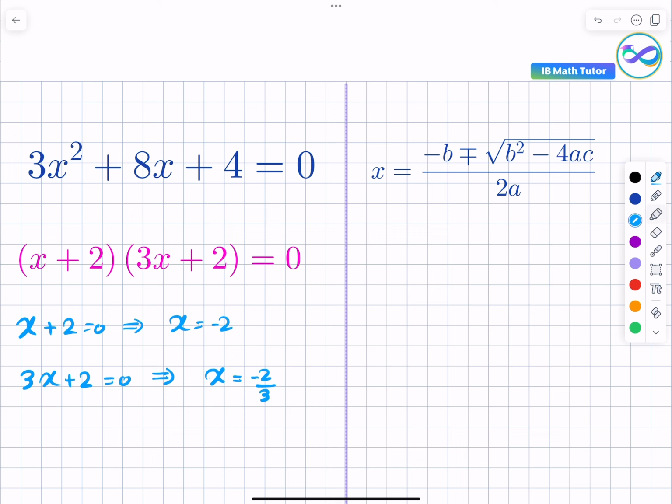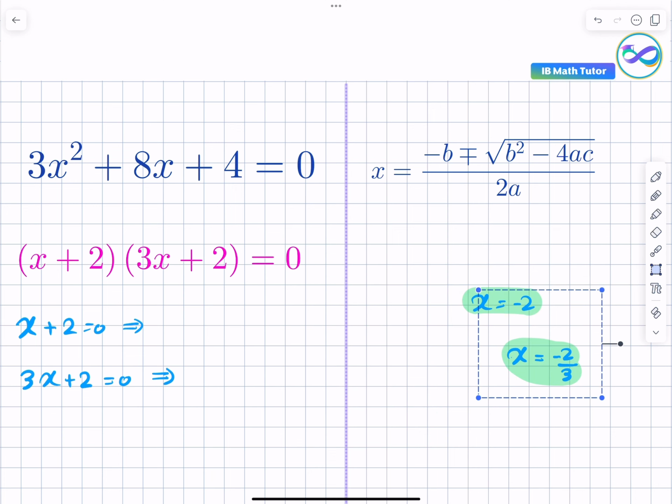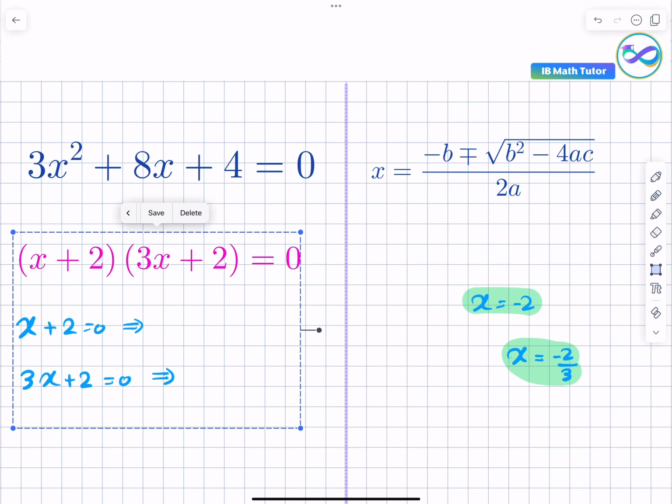So here, if we solve this quadratic equation by the factorization method, or by the quadratic formula, we would have these two solutions, negative 2 and negative 2 divided by 3. But now, we will solve this equation using the shortcut method.